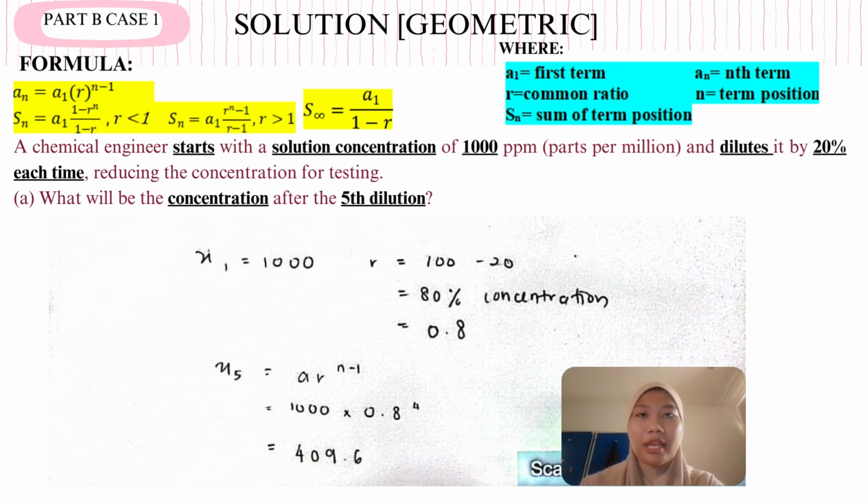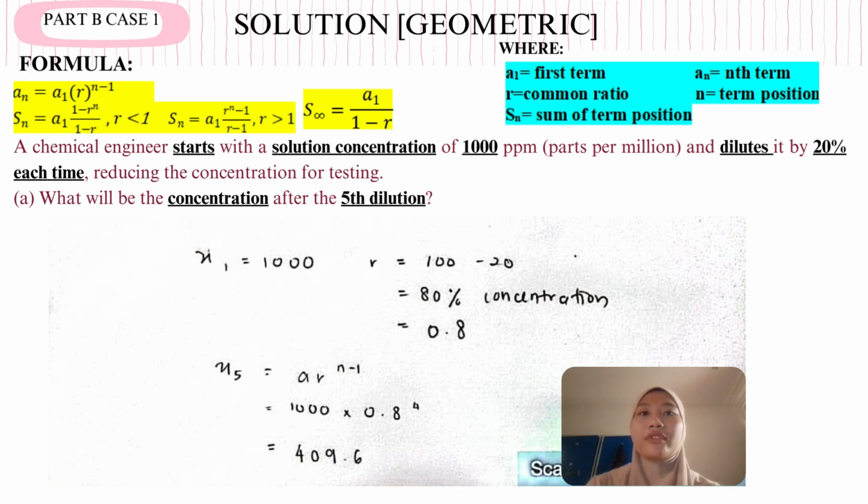So in this question, the word I booked is start, which means A1, the solution, is 1000, and dilute it by 20% each time. So the question is, what will be the concentration after the fifth dilution? So we know that our r is not the 20% because that is for dilutes.